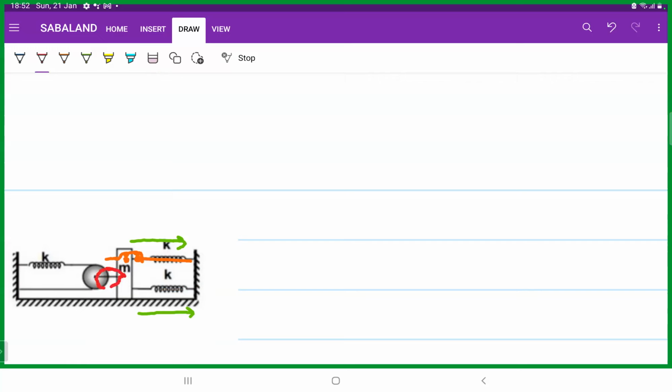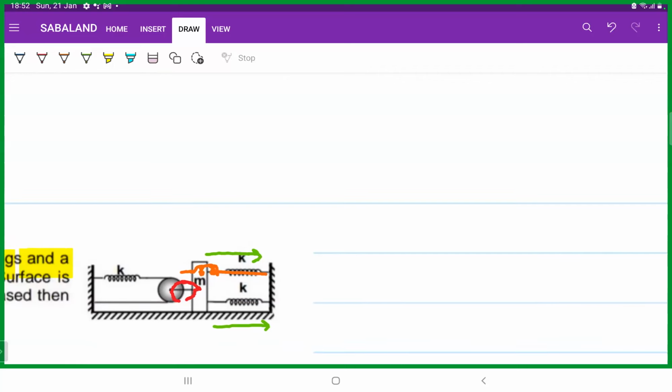When we are moving the block towards the left, that string which connects the massless pulley to the block is no longer taut, right? So I hope you are able to understand that since it's no longer taut, this will no longer be able to exert a force towards the right.